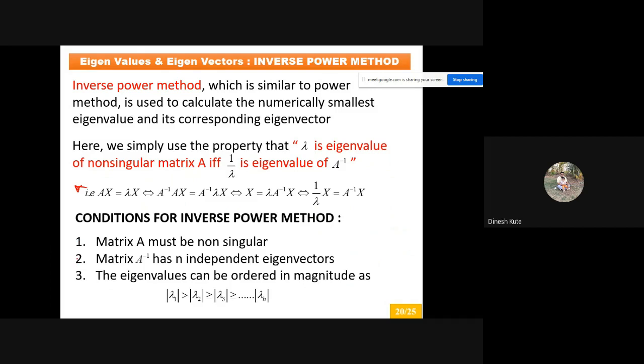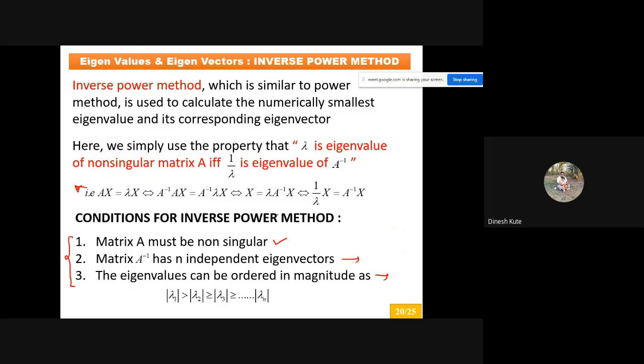So in this case I need to add one more condition for this inverse power method. If you check the conditions of power method, in that method we have only two conditions. The first condition: that matrix must have independent eigenvectors, and second, that matrix must have only one dominant eigenvalue, or only one largest eigenvalue.